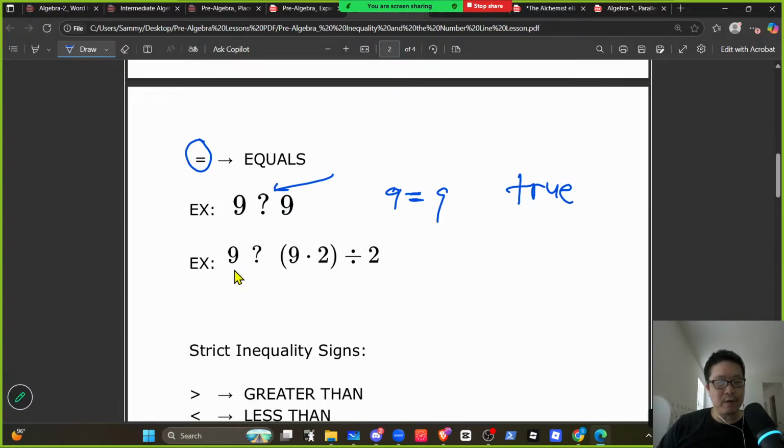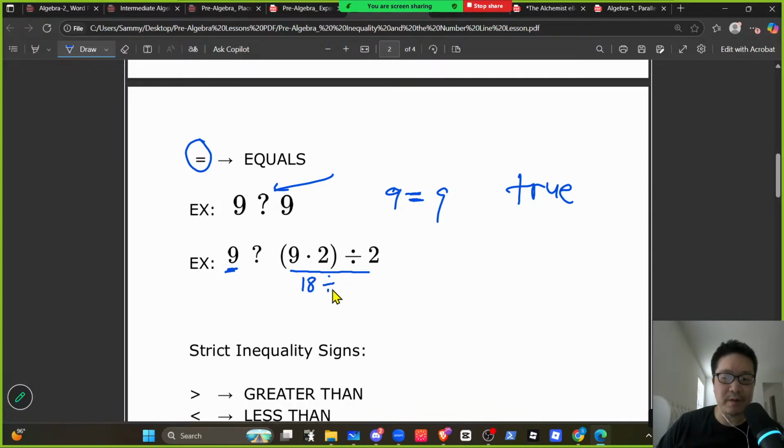What about this one? On the left, we have 9. And on the right, we have 9 times 2 divided by 2. When we have expressions in parentheses, we always do them first. So on the left we just have 9, but on the right side we have 9 times 2, which is 18. And let's divide it by 2.